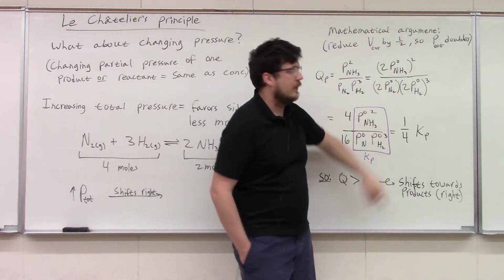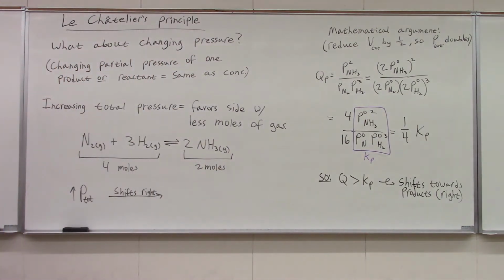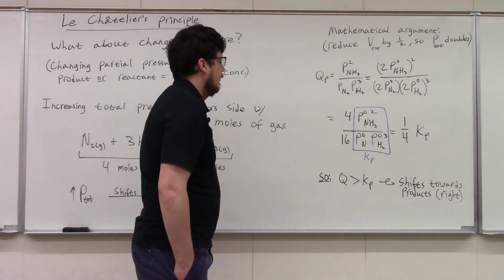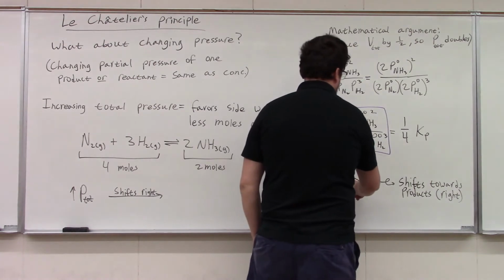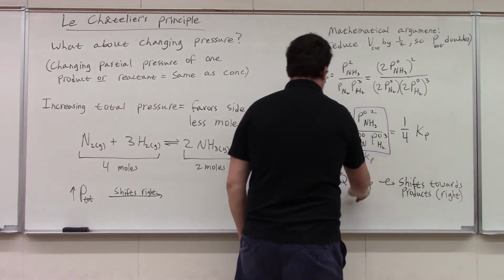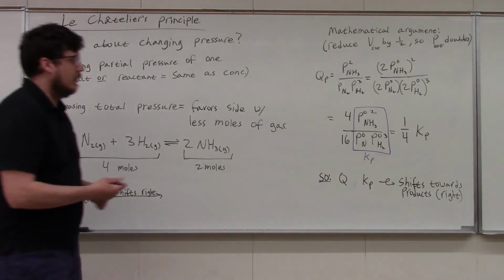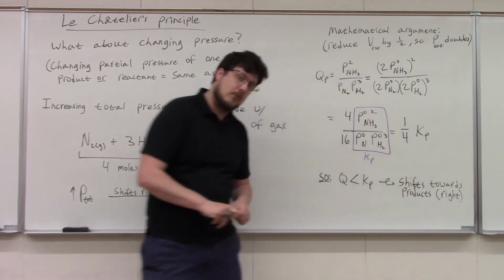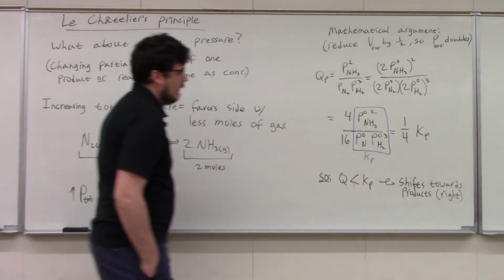What we did is cut our value to 1/4 of its equilibrium value. So Q is less than Kp. Kp is about 4 times larger than Q right now, and that means we are not at equilibrium, so it has to shift.